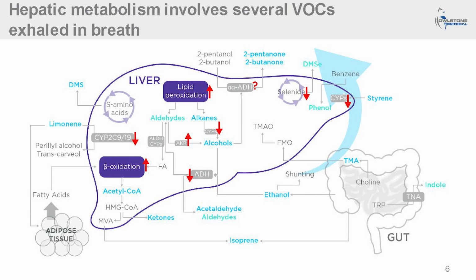There are also several other metabolites which are generated in the liver itself, but also through the crosstalk between the liver and the gut, or the liver and the adipose tissue. One example of a volatile generated from the gut is trimethylamine, which is converted from choline by the gut microbiome. And then TMA is further converted to trimethylamine N-oxide in the liver.